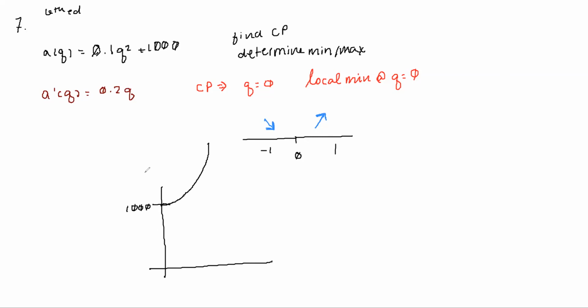We really only are looking at the average cost of positive quantities, so I'm not going to draw into the negative quadrant. And this is our function, A of Q. Okay, I'm feeling a lot better now. I promise you, you know all of this.